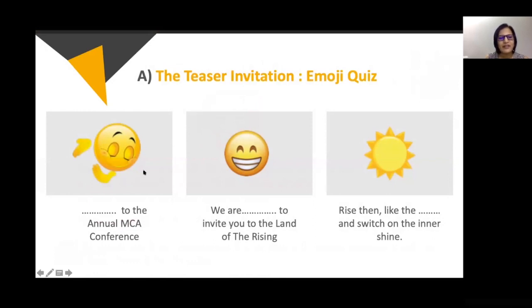We would give an emoji picture which would depict a word, and we would keep this blank. So this depicted a particular word: dash to the annual MCA conference. This was a teaser, and people had to guess what the word was. Can you guess what the word is from this emoji?